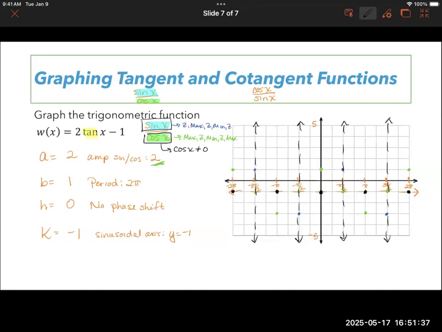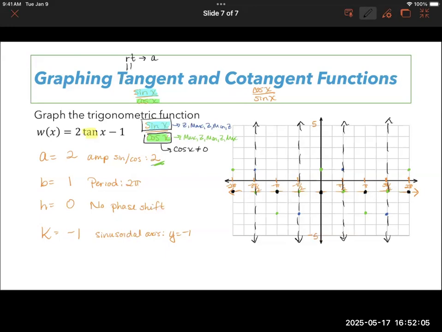Now, there are a lot of reasons behind this, but for simplicity's sake, it's easiest to just say if we are dealing with a tangent, then you are going to go halfway to the right of this 0 between the 0 and the vertical asymptote, and you're going to go to the a value.